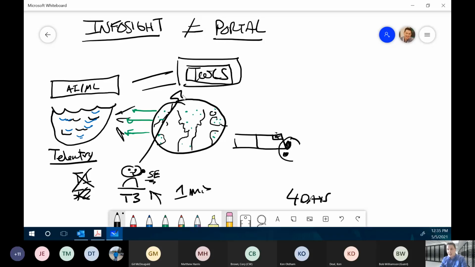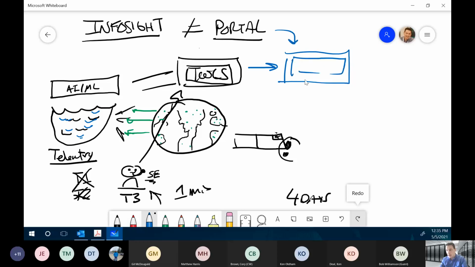So this was initially what InfoSight is all about, this entire process. Now, what ended up happening on top of that is over time, the data scientists at Nimble Storage and now at HPE did create a portal. And that portal's got all these cool charts and graphs for capacity optimization and workload analytics.